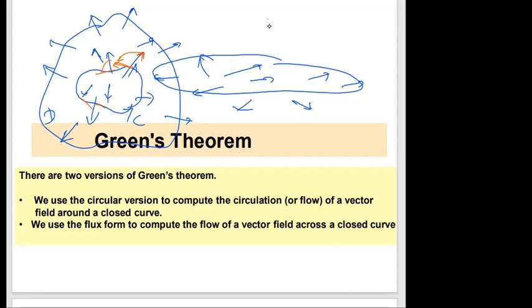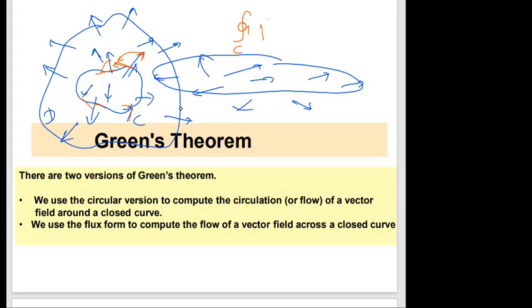So you measure the tendency for the vector field to be aligned with the tangent to the curve, which is given by this. This is positive oriented, right?